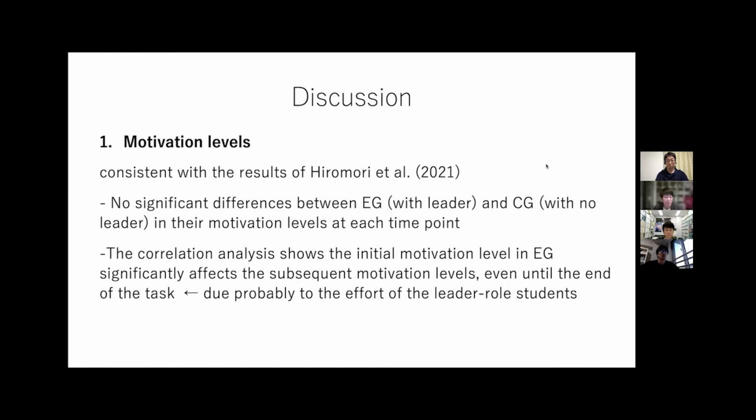So there were no significant differences between EG and CG in their motivation levels at each time point. But only in EG, initial motivation level significantly affects the subsequent motivation levels even through the end of the task. We suppose that's the effect of the efforts of the assigned leaders.